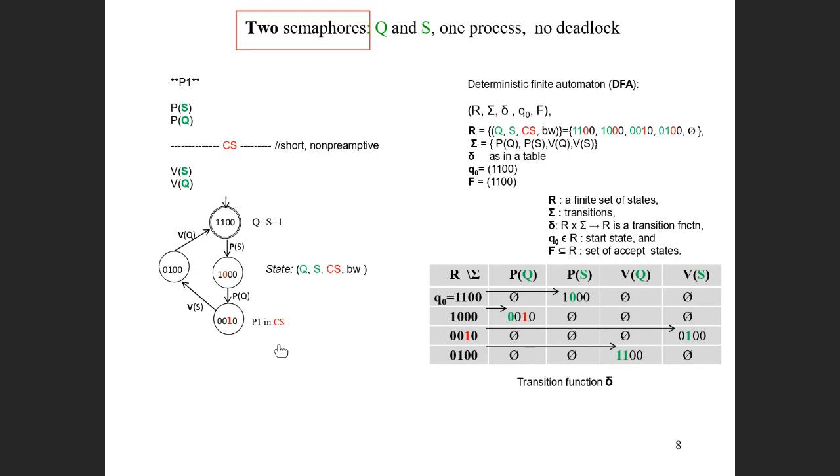However, you have here a relatively simple picture of such a situation using finite automata in which we have 2 semaphores. So the state here, when we have 2 semaphores, is made of 4 elements: Q, 1 semaphore, S, the second semaphore, critical section, and maybe busy waiting.